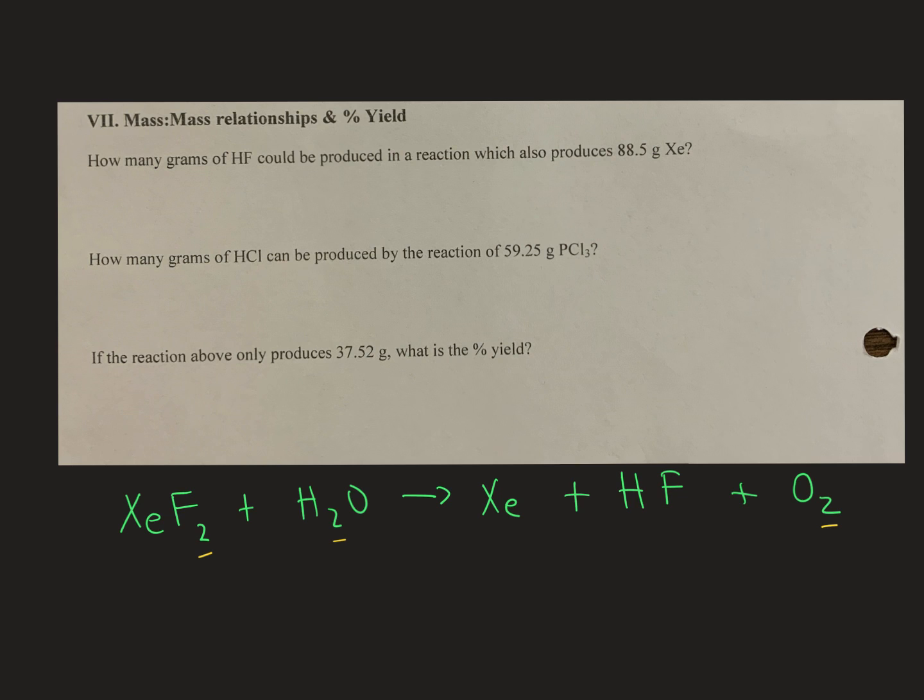So, okay, let's do the second one. Okay, H2. There's 2 hydrogens here. So what coefficient goes in front of HF? A 2. All right? And we just changed the fluorines. There's 2 fluorines there, 2 fluorines there. So far, so good. 1 xenon, 1 xenon.